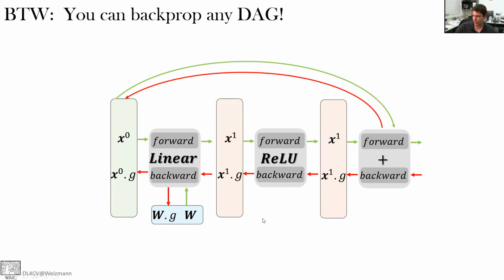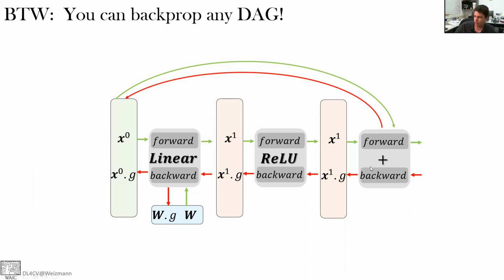And by the way, you can backprop through any directed acyclic graph. You don't need to have this sequence of layers. You can do whatever crazy things you want, and people do this stuff. You'll see a thing called ResNet, for example, in the near future, and there is no problem doing this thing called skip connection that you see here.